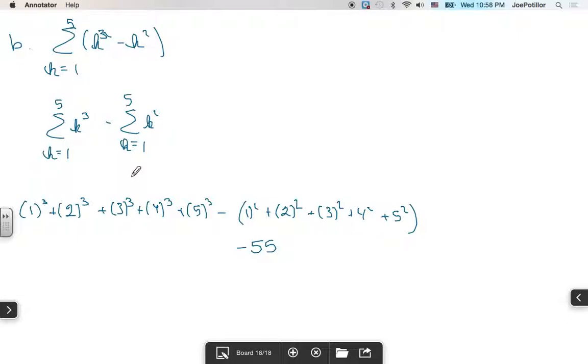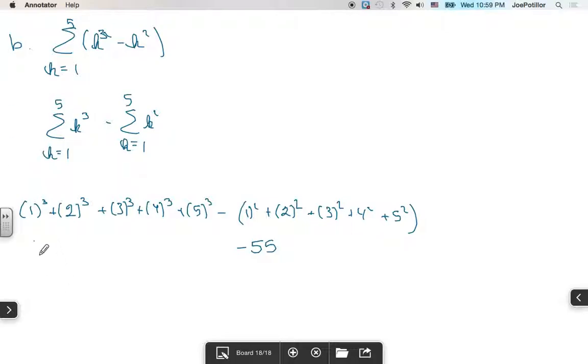So that's 64 plus 8, 64 plus 8 is 72. Plus 9 is 81. Plus 1 is 82. Plus 125 is 207 minus 55. Easy enough?